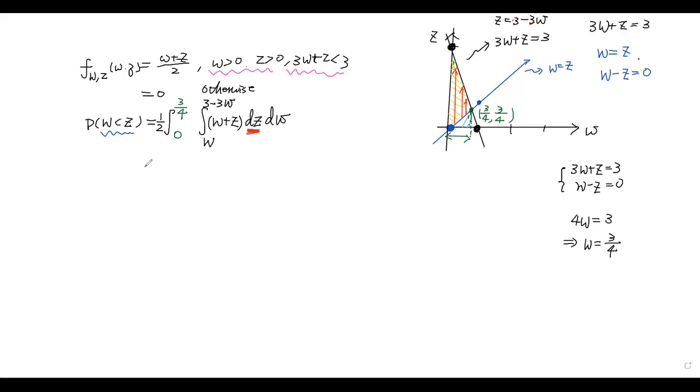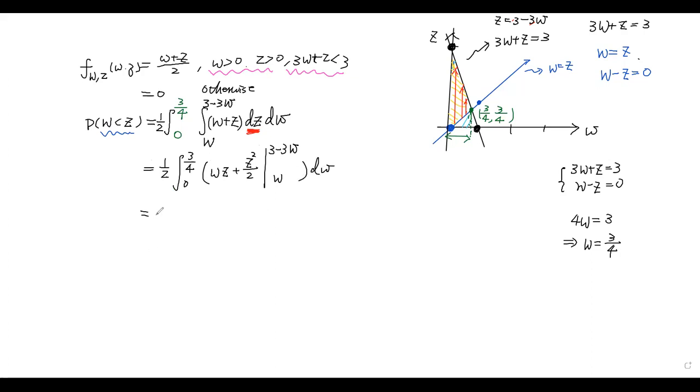So basically you just use the integration. So this is the 1/2, then here this is 0 to 3/4. And then you just do the integrations. You integrate over z, so w is a constant. What do you have here? You have wz plus z square over 2, then you substitute the upper bound and the lower bound, and then you do the dw.